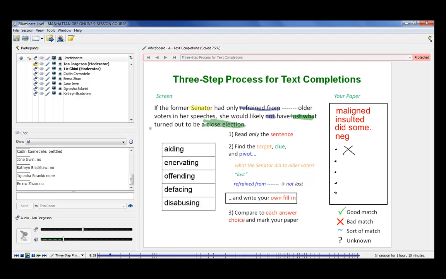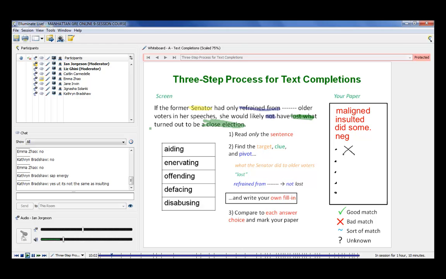Okay, how about enervating? Did the senator enervating, what does enervate mean? Anybody have any ideas? You guys are all saying no. That must mean you know what enervating means because we put, okay, sapping energy. Couldn't that be something negative? Okay, but are we sure that insulting is correct?